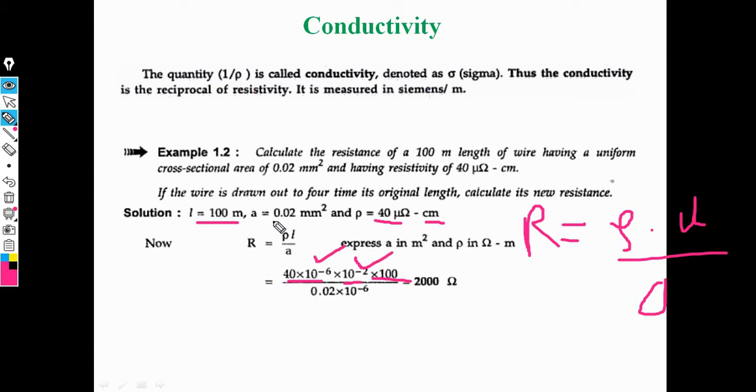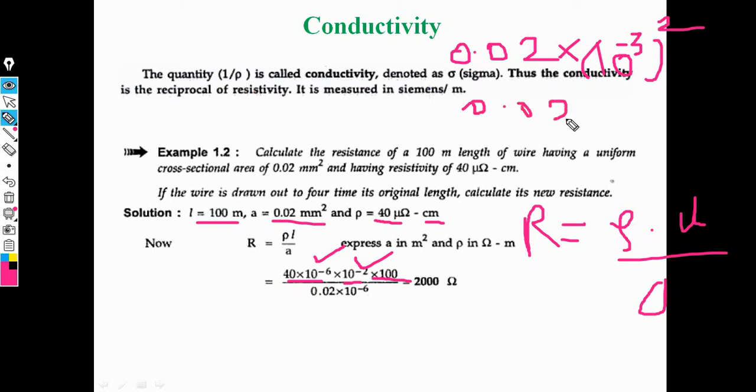Then the area is given in millimeter square, multiplied by 10 raised to minus 3. But here it is given as square, so it is multiplied accordingly, that is 0.02 into 10 raised to minus 6. Then we obtain a resistance of 2000 ohm.